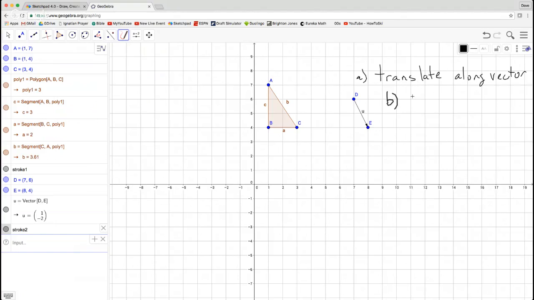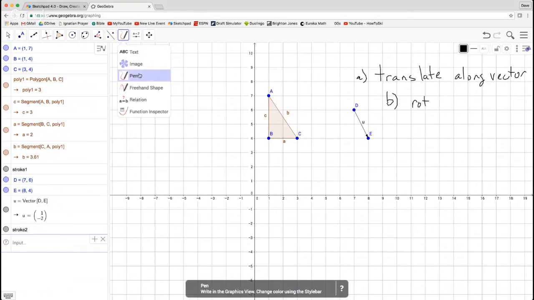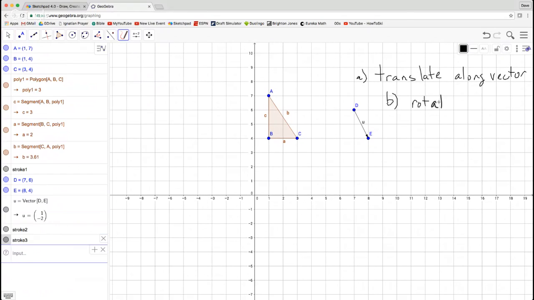B, we're going to rotate 90 degrees about a point. And then C, we're going to reflect about a line. Okay, I'll show you these points here in a second.